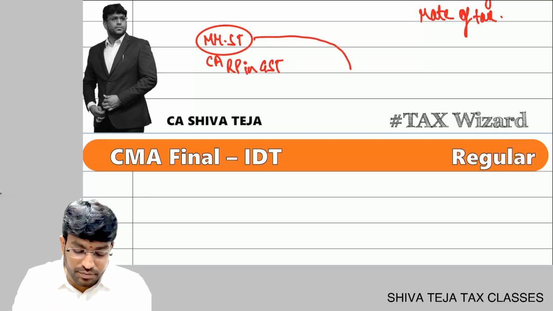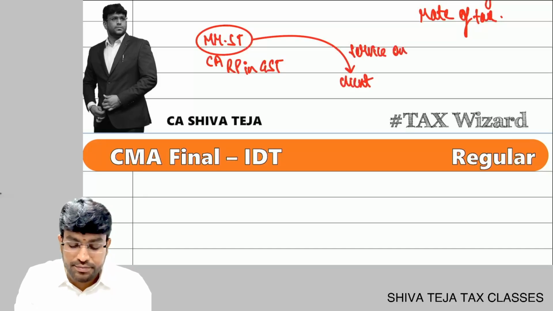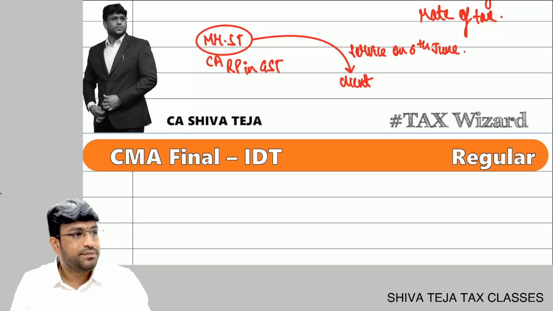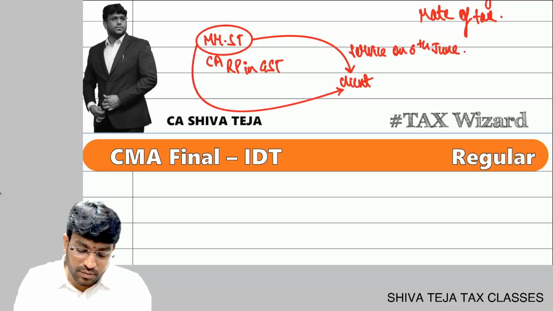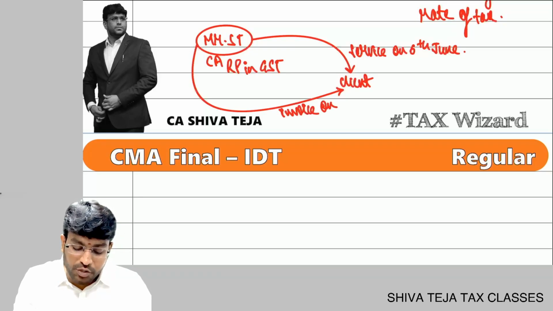Now, what I have done is, I provided service to my client. Let us say the service is given on 6th of June. And what I have done is, I have given the invoice to the client on 4th of July.